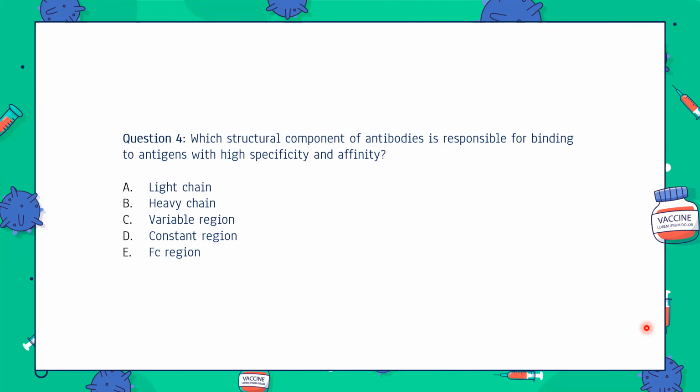All right, everyone is saying C. Does anyone else have a different answer? If I were to change C from being variable region to being FAB region, would that still be the answer?